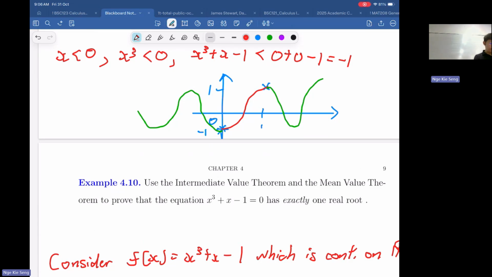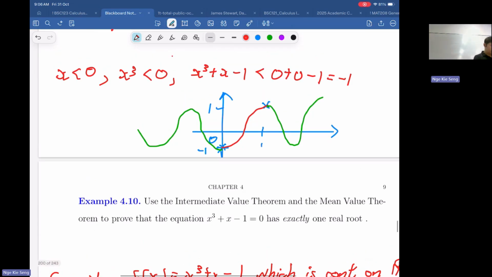So for any x less than 0, f(x) will always be strictly less than minus 1, which is obviously less than 0. So you never meet y equal to 0 again for all the x's less than 0.